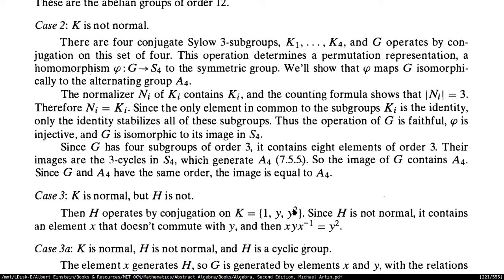Now, the only element common in all the subgroups Ki is the identity, right? If that's the case, the operation that we define for this permutation representation is injective.